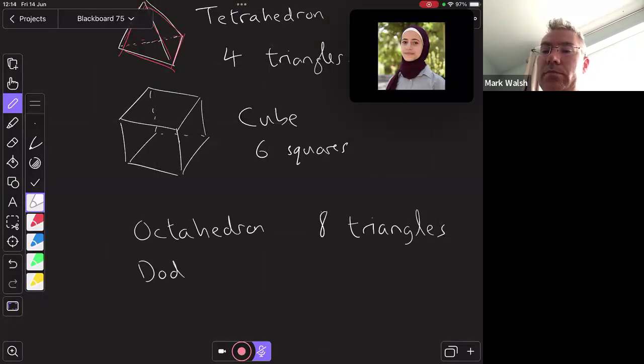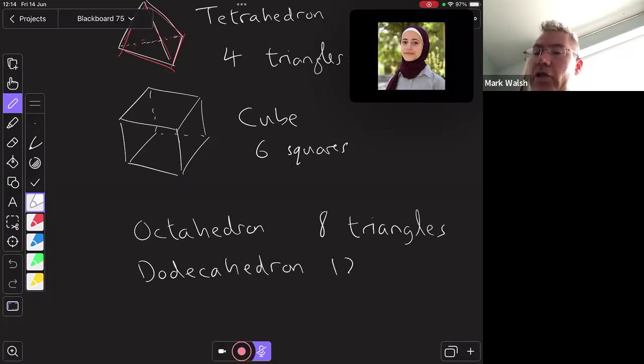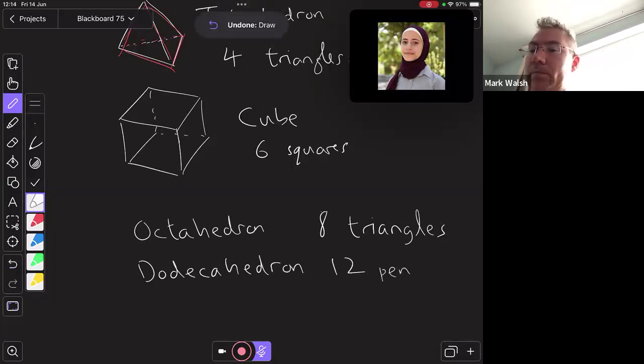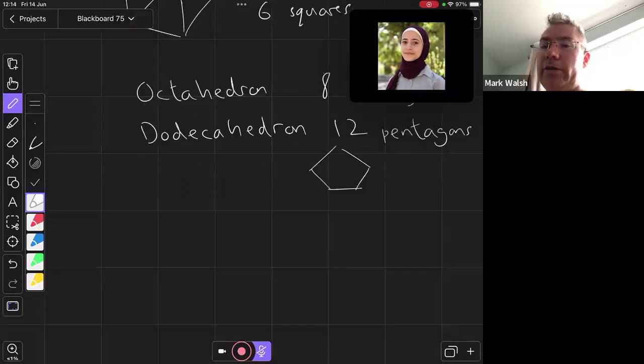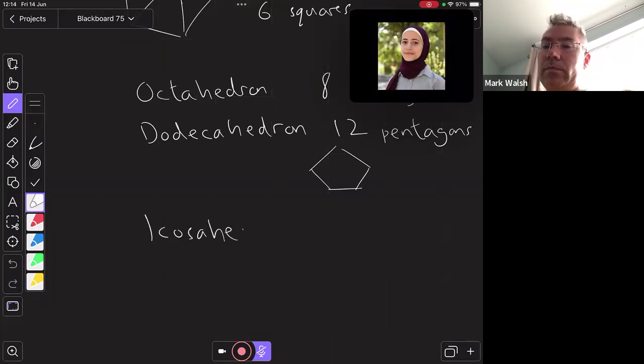There's also the dodecahedron, and this consists of 12 triangles. Sorry, not 12. I beg your pardon. 12 pentagons. So pentagons like this. And finally, there's the icosahedron, which is 20 triangles.